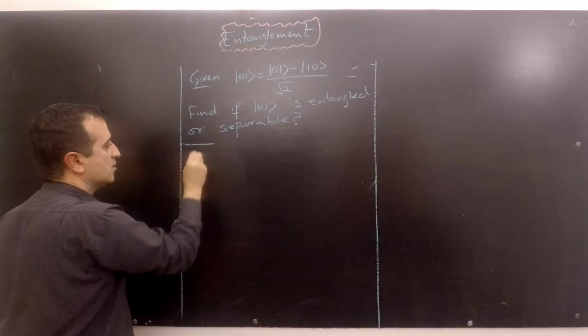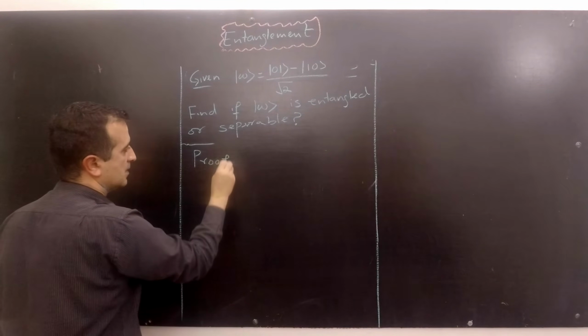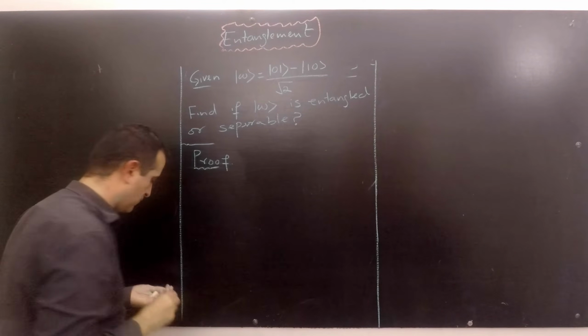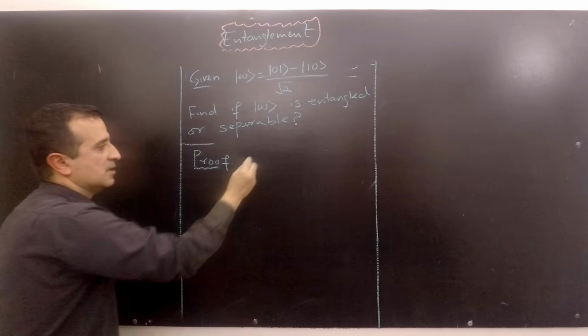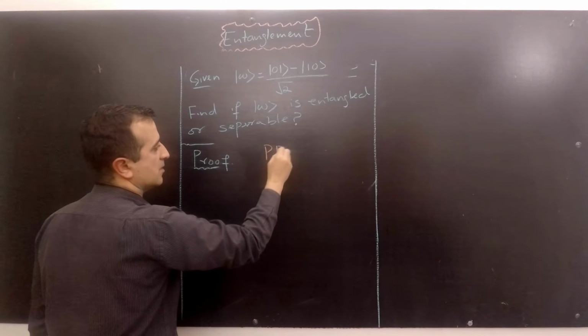So, proof or solution. We do the proof by contradiction. It is once again proof by contradiction.